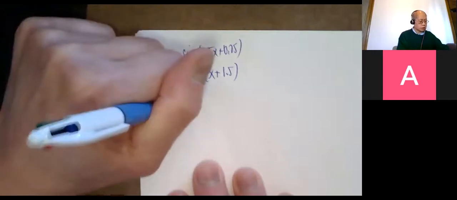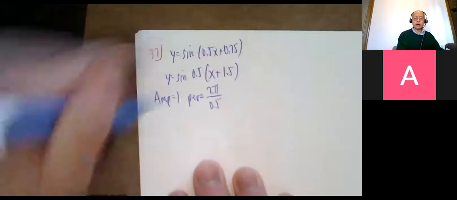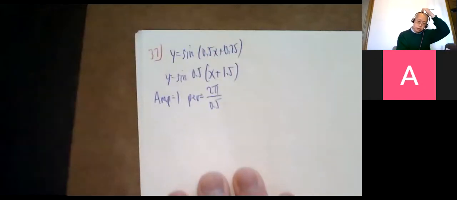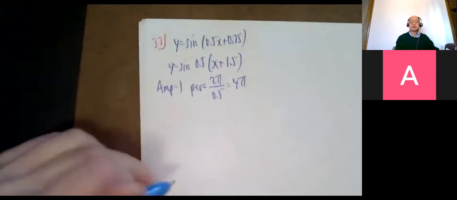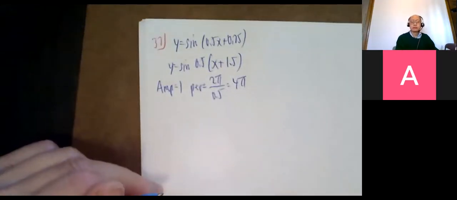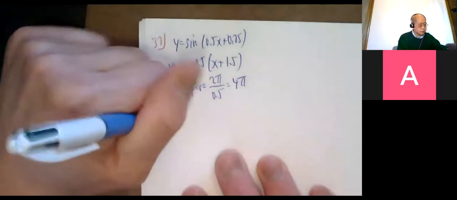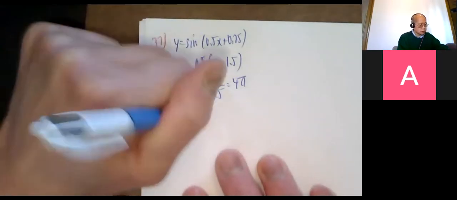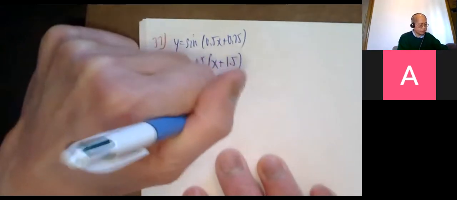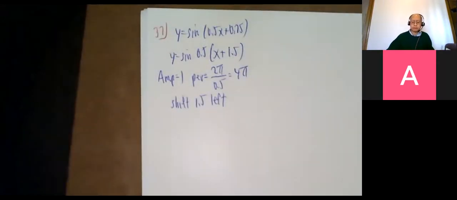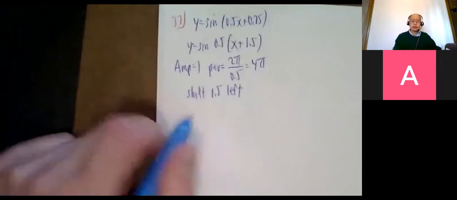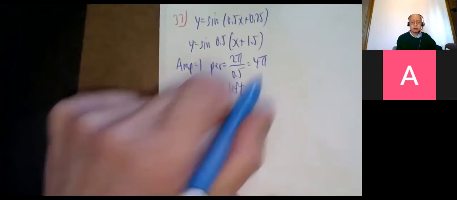Amplitude is 1. Period is 2 pi divided by 0.5, 4 pi. Shift 1.5 left. Again, that's not going to be nice.